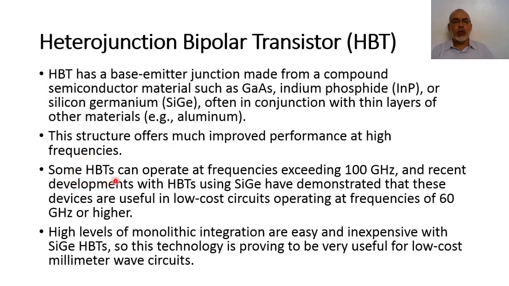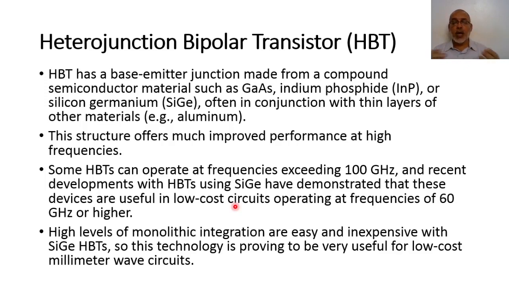Some heterojunction bipolar transistors can operate at frequencies exceeding 100 GHz. Recent developments with silicon germanium heterojunction bipolar transistors have demonstrated that these devices are quite useful for low-cost circuits operating at frequencies up to 60 GHz or higher.